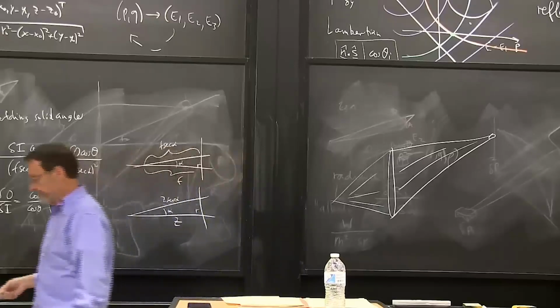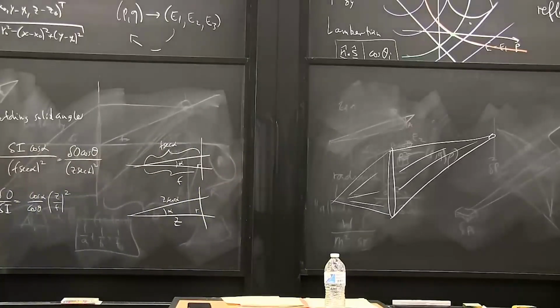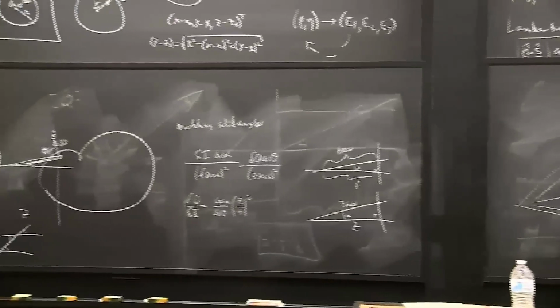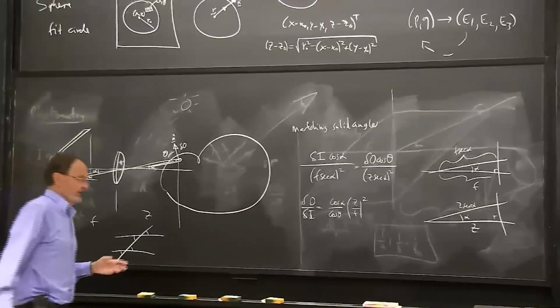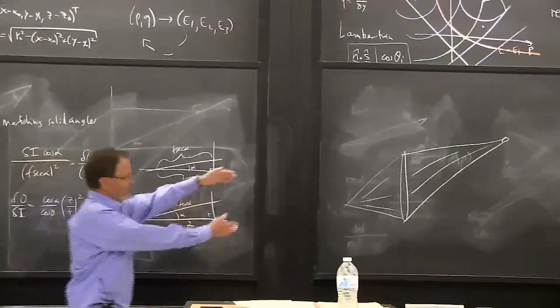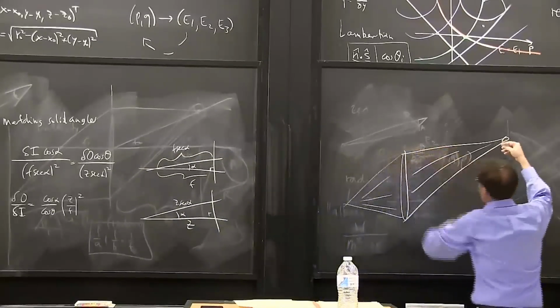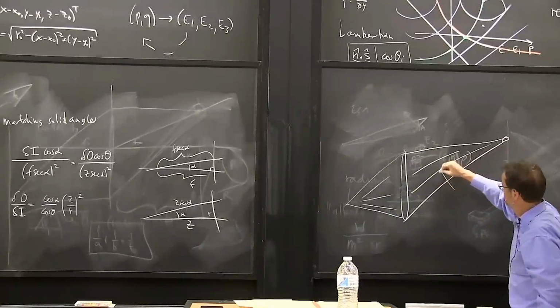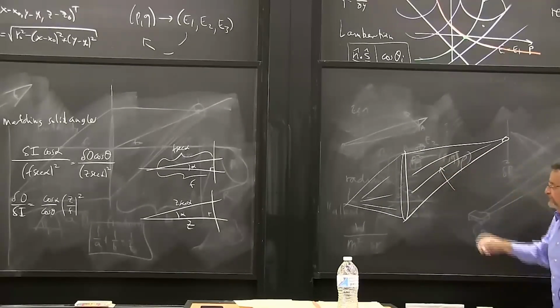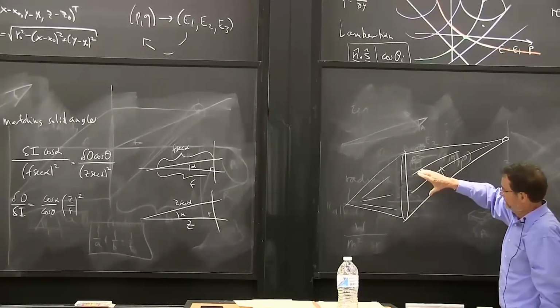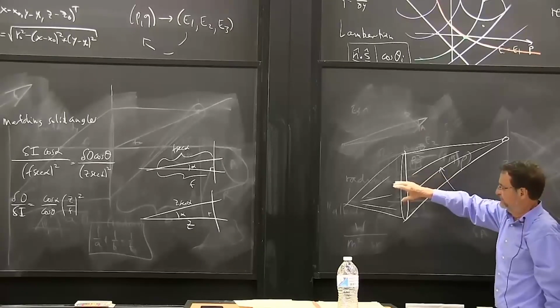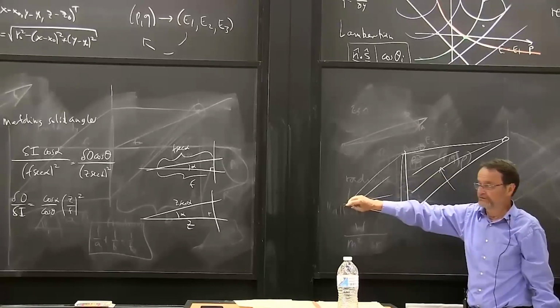The good news is that because the lens focuses the rays, all I need to know really is the solid angle that the lens occupies when viewed from the object. So I need to know what the solid angle is, because the rays that come out the other side all get concentrated into the corresponding patch.